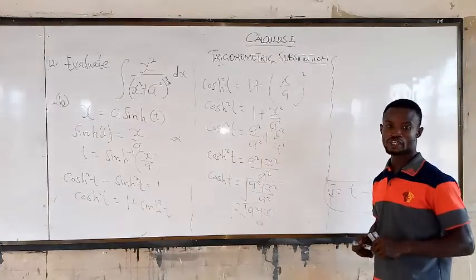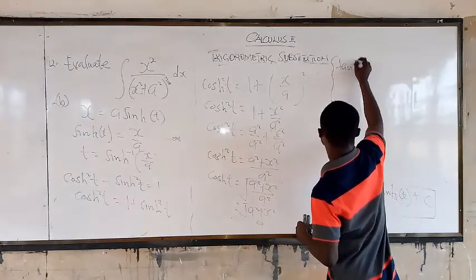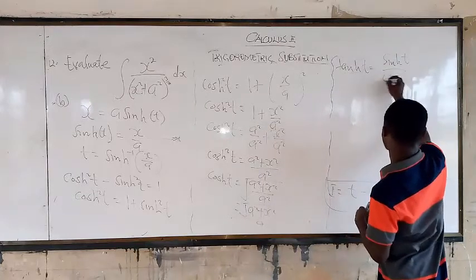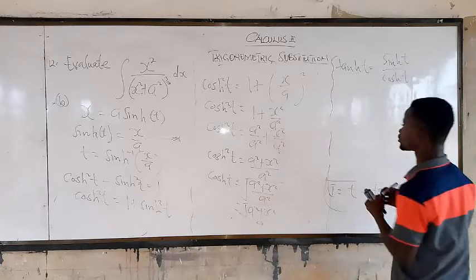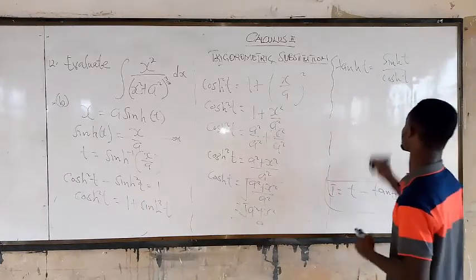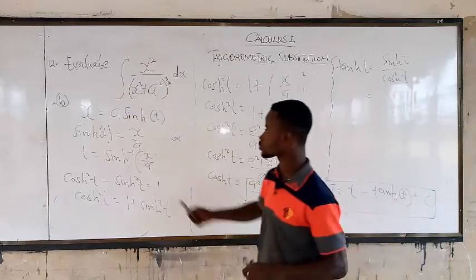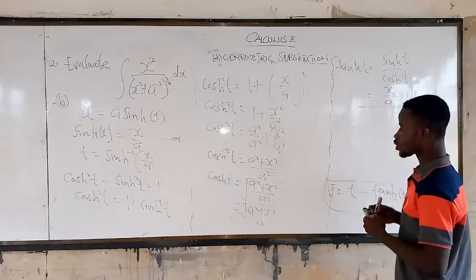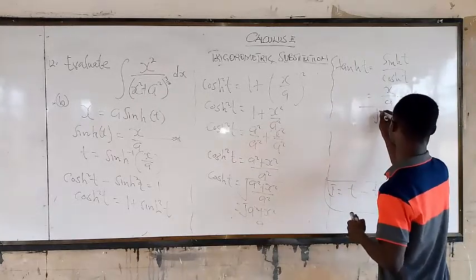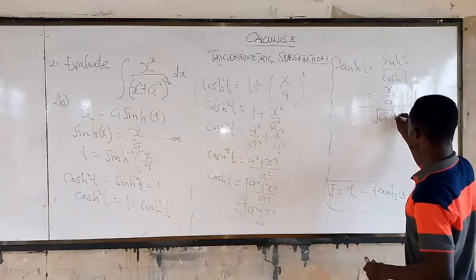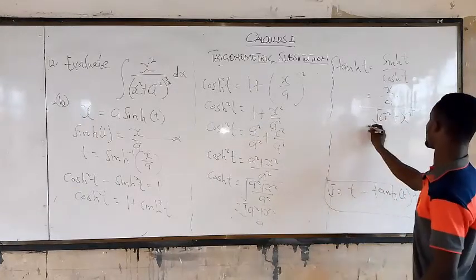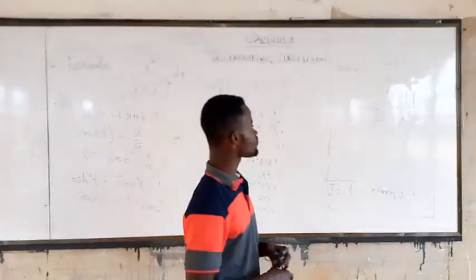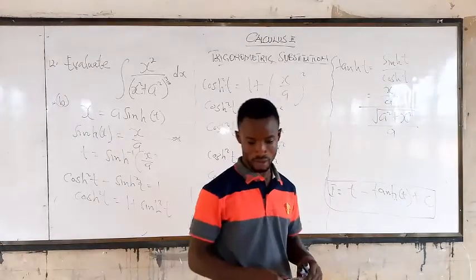But here we know that tan t is equal to sin t over cos t. So by substitution, we are going to get sin t, which is s over a, all this over cos t, which is square root of a squared plus s squared, all this over a. Very good.